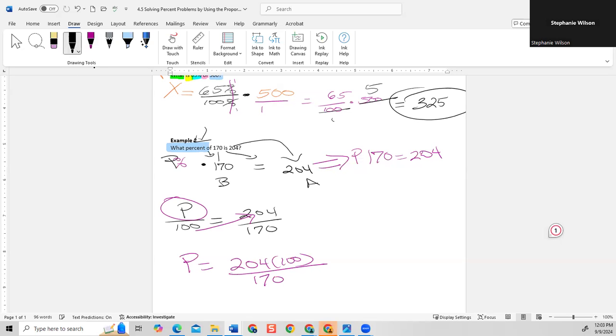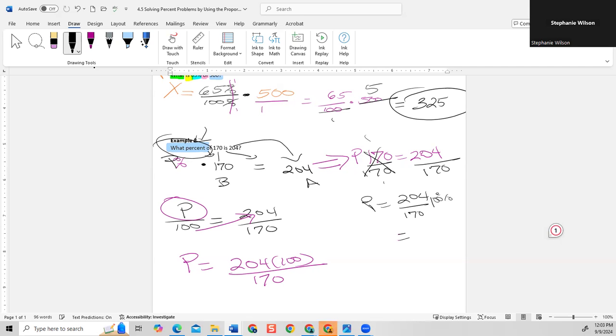So I got to get P by itself. So I'm going to divide by that 170, since P is multiplied to the 170. The division will make it go to 1 times the P. However, we need this to be in percent, because it asks for what percent. So I'm going to say 100 times that percent. We're going to get the same answer.